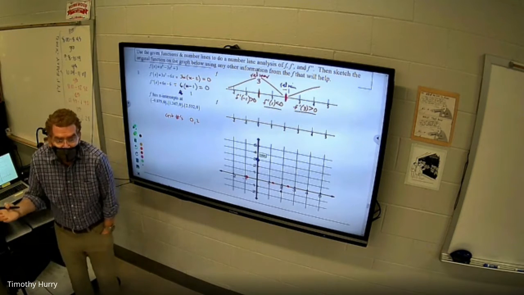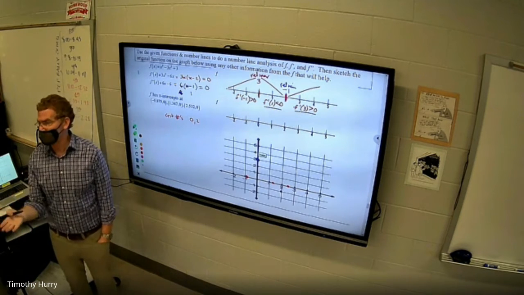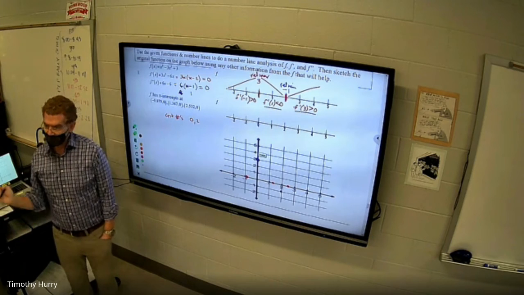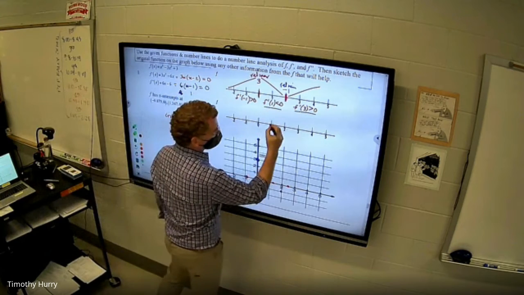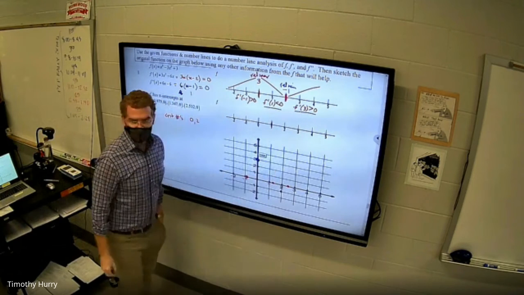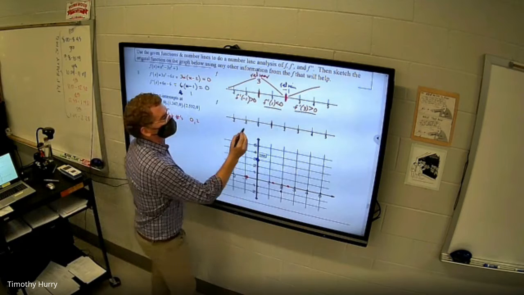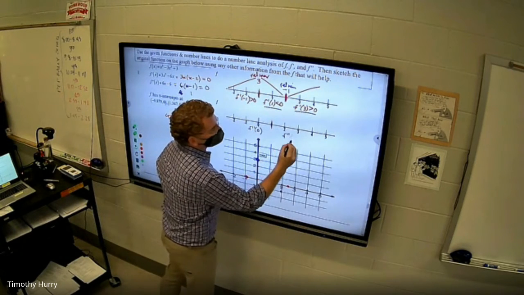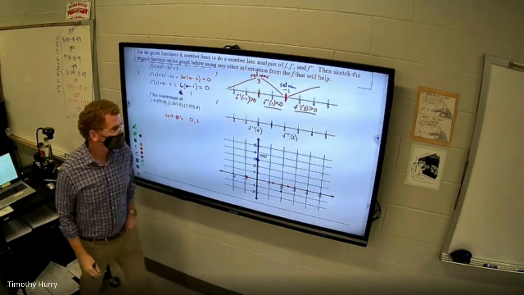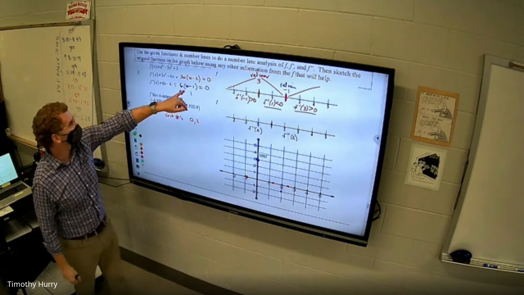We don't know if it is, because to be an inflection point, what would have to happen? It would have to change concavity. We haven't checked that yet. So I'm going to go ahead and mark 1 though, and then check at 1. I'm going to check the second derivative at, say, 0, and the second derivative at 2, and see what's happening. What happens if I plug a 0 in that?